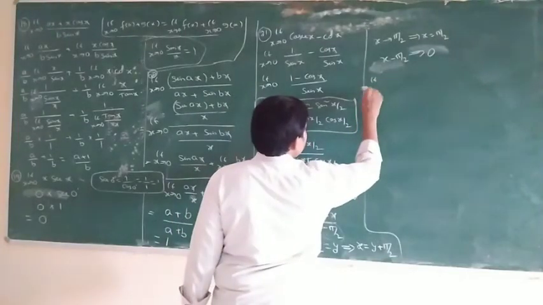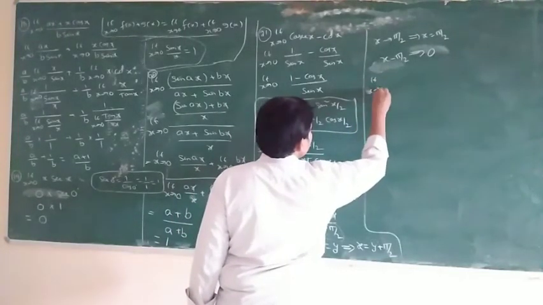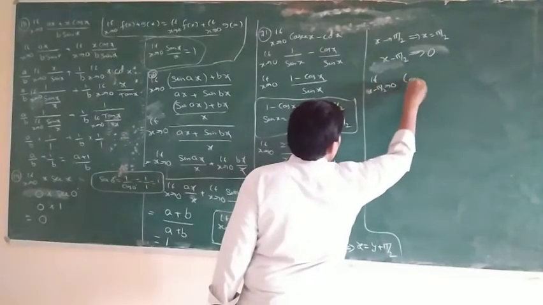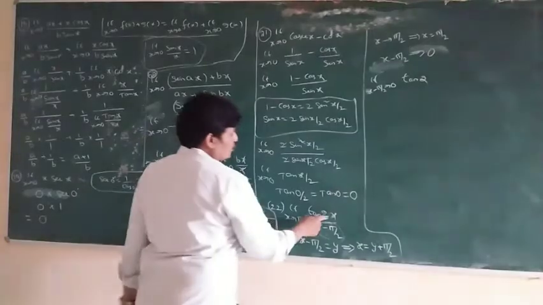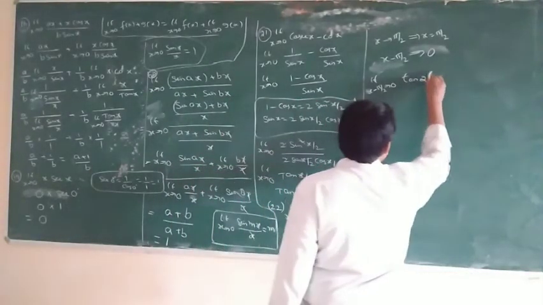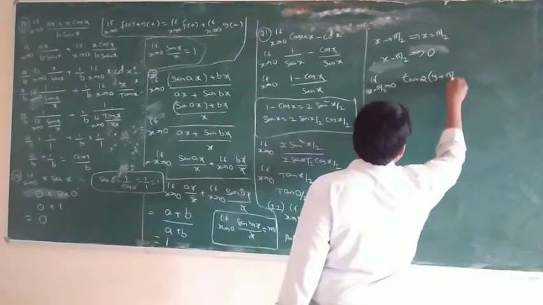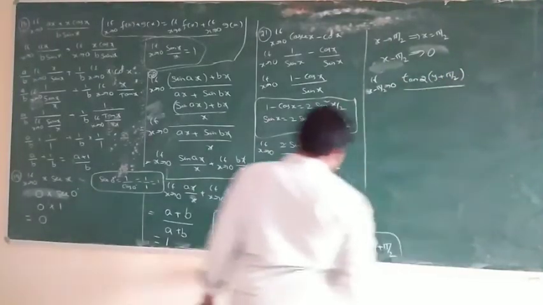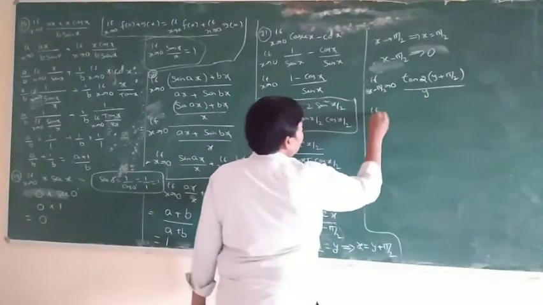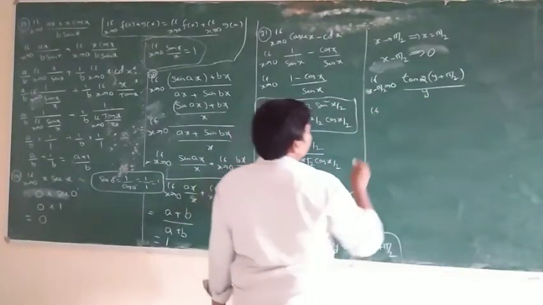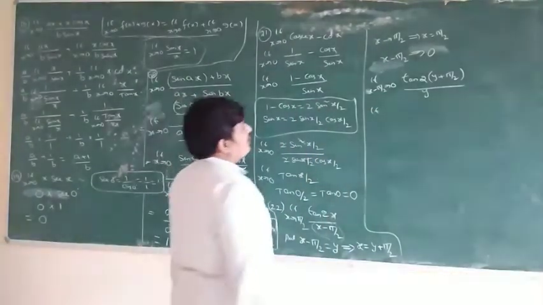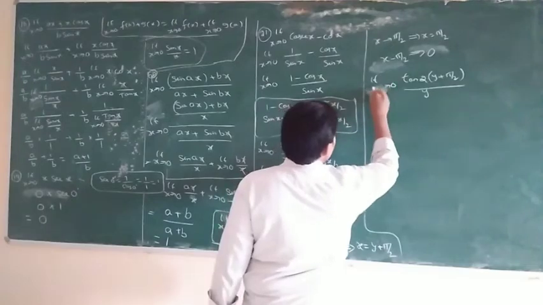So limit x tends to pi by 2, x minus pi by 2 tends to 0. Since x minus pi by 2 is equal to y, y tends to 0.